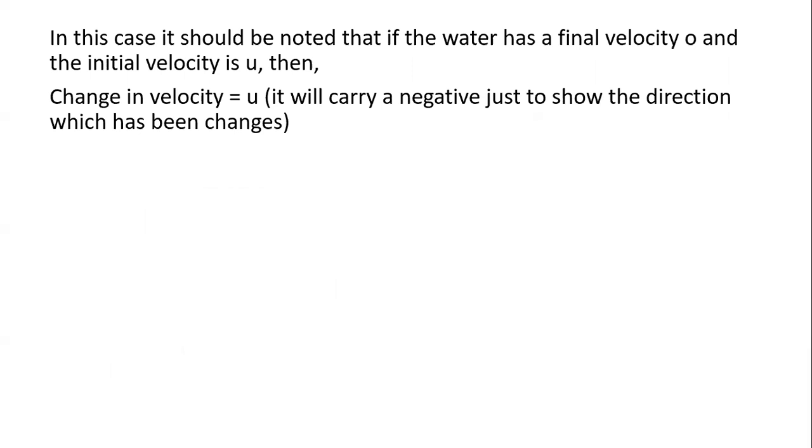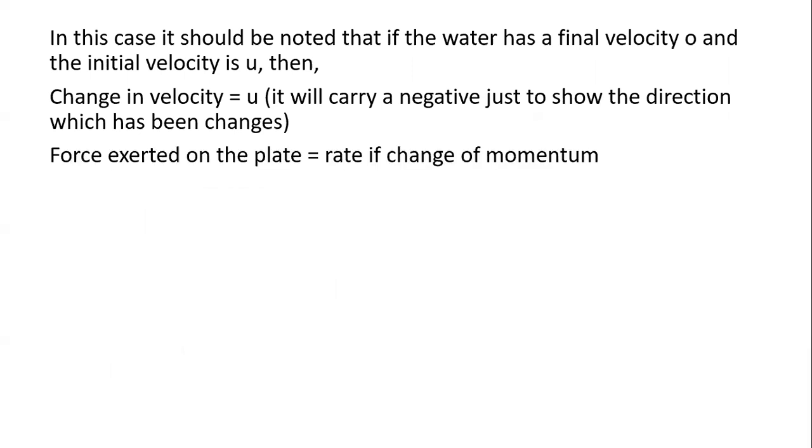Now, here we're talking about a case where the final plate, where the liquid is falling, remains stationary, then one of the velocities, meaning the final velocity, is 0. That's why you may see some negative as you do the calculation. So what happens to the force exerted on the plate?